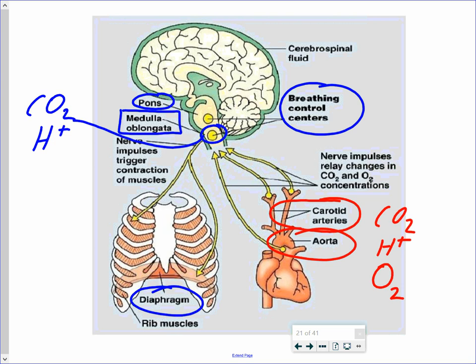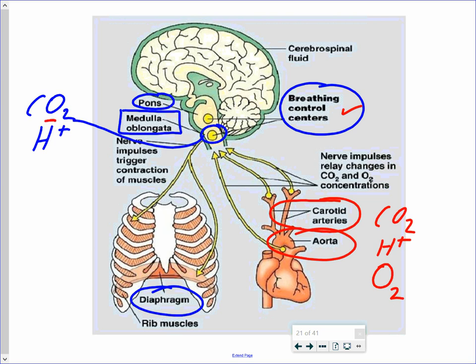So all of these are going to take that information about the amount of carbon dioxide and oxygen in the blood, about the protons in the blood, send that information to the breathing control centers, and then a determination has to be made. Do we need to get more oxygen into the body? Do you need to get rid of more carbon dioxide? That would then, in turn, increase the contraction of the diaphragm and increase the breathing rate.